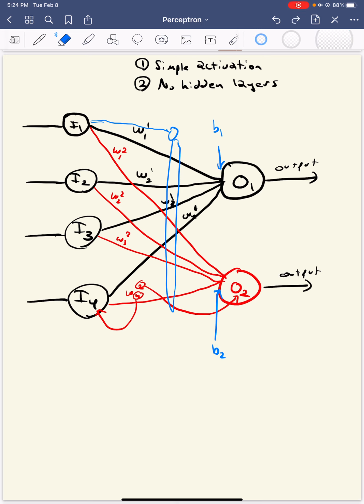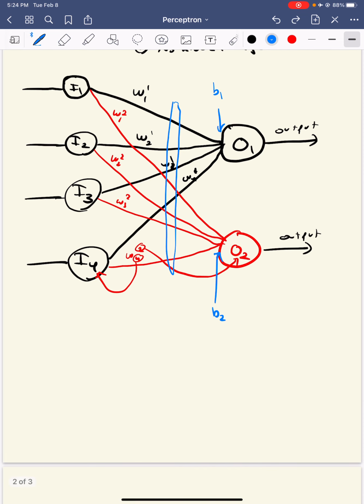And at the end of the day, our output O1 says take the input I1, multiply this number by it, take the input I2, multiply the weight by it, and so on, add those together, and then add a bias term, and then apply the activation function to it.